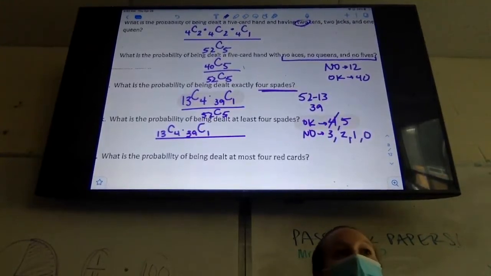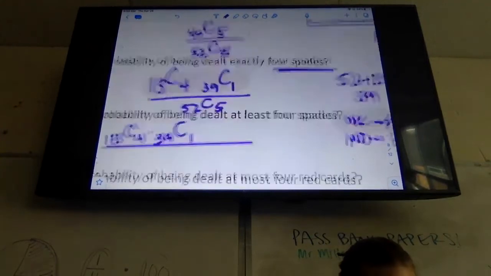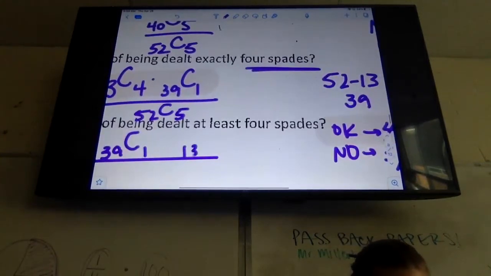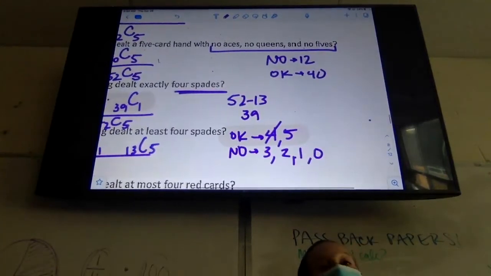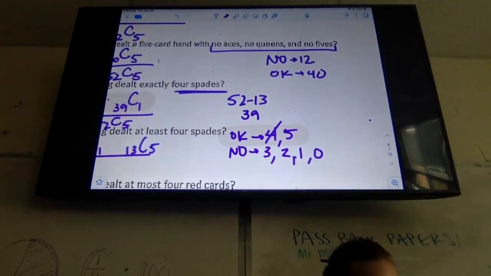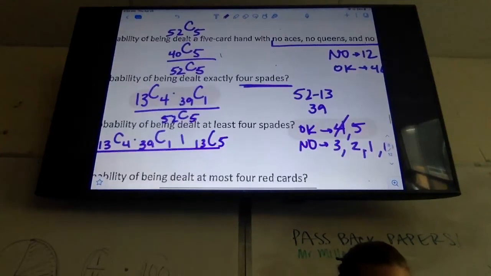Now, how can I get 5 spades? 13 choose 5. It's okay if I have 4 spades and 1 extra card, or it's okay that I have 5 spades, so I'm going to put a plus sign in between them.